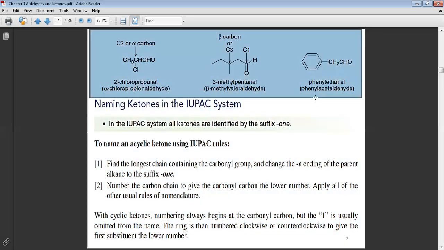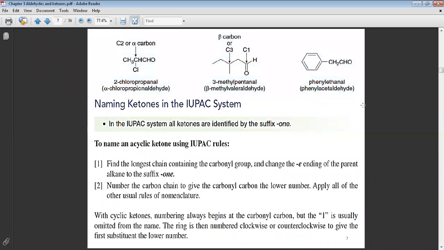And he said here phenylacetaldehyde. Phenylacetaldehyde. But the IUPAC name would be phenylethanal. This is ethanal, and we have phenyl bonded to the ethanal, so it will be phenylethanal.